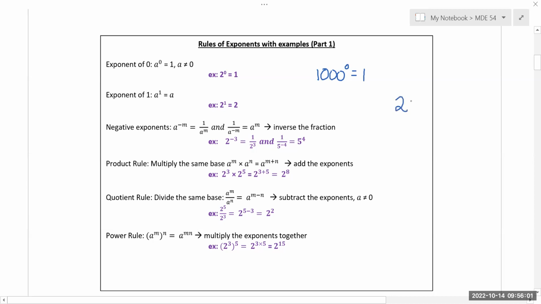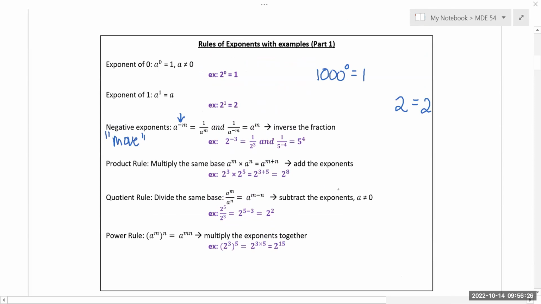So it's 2 one time, which is 2. If you have a negative exponent, it means move it, or invert the fraction. For example, 2 to the negative 3 is 1 over 2 cubed. If it's on the bottom, it goes up to the top. So the negative means move to the other side of the fraction.